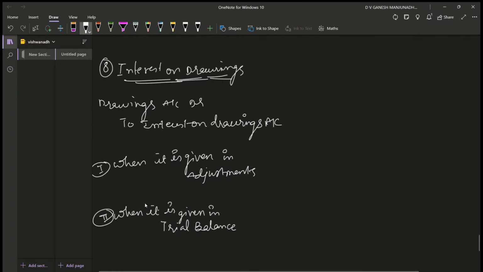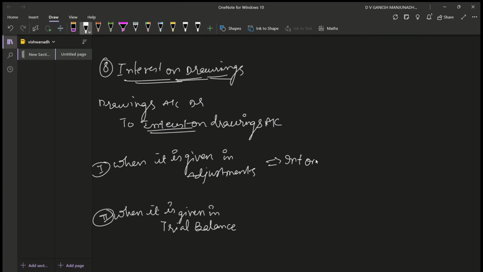Okay, that is interest on drawings is an income because it is receivable by the firm from the proprietor. So it is an income. So income is also always to be credited.